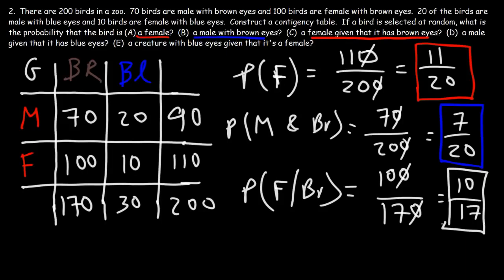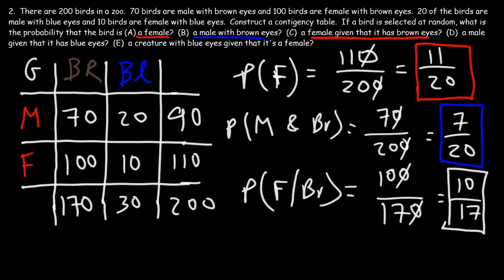So let's talk about what this means. That means there's a 58.8% chance of selecting a bird that is a female, given that the bird has brown eyes. So out of all of the 170 birds with brown eyes, 58.8% of those birds are female. So that's what that means.